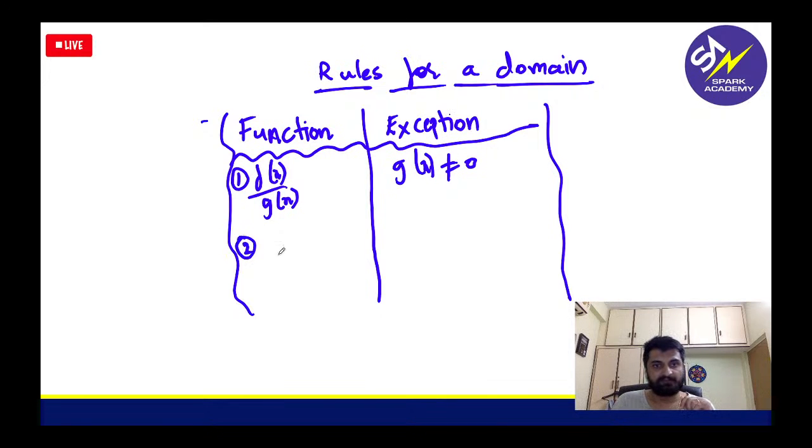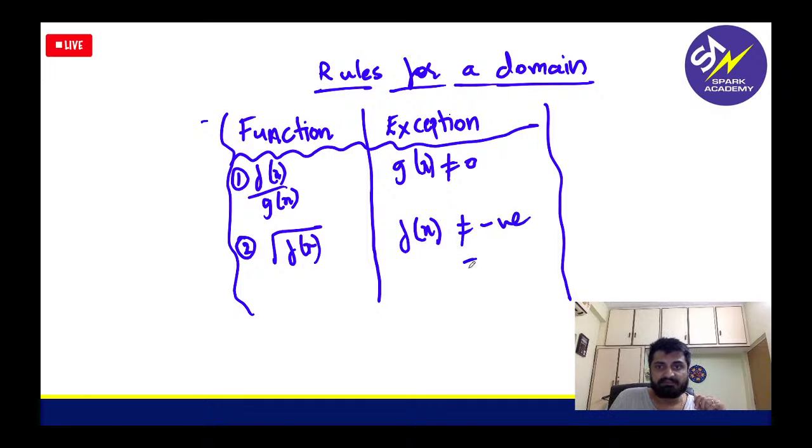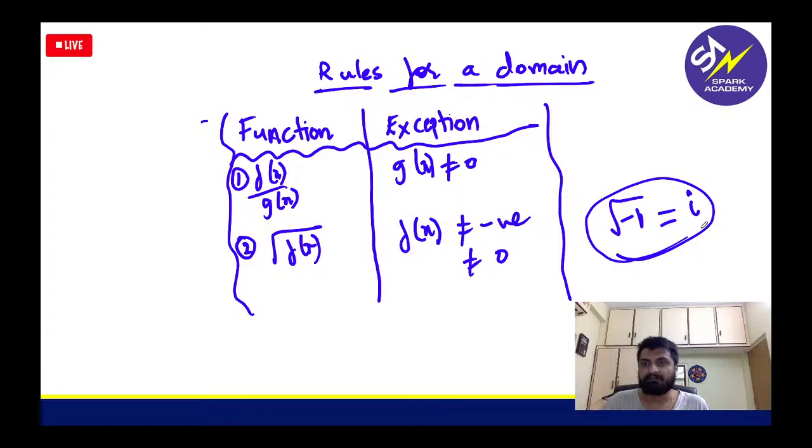Second, if you have square root of a function, what does it mean? That function cannot be negative. Because square root of -1 is not possible. It becomes an imaginary number.